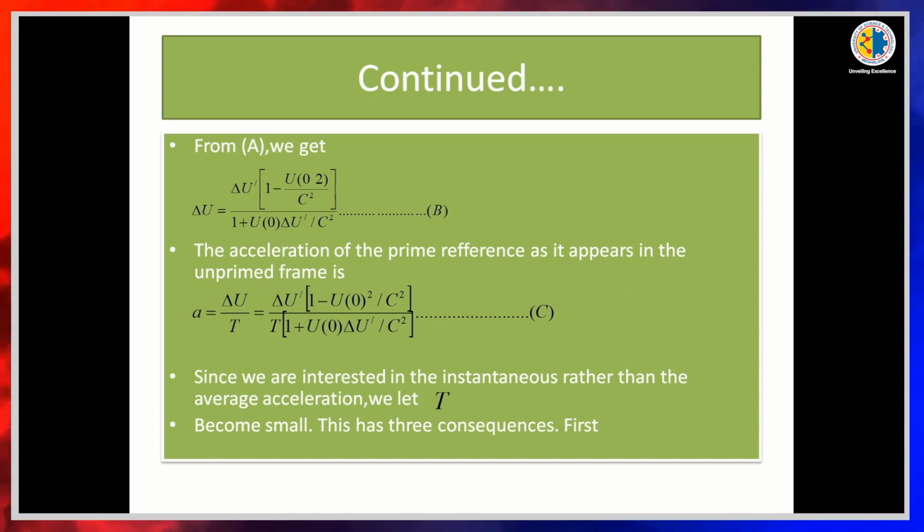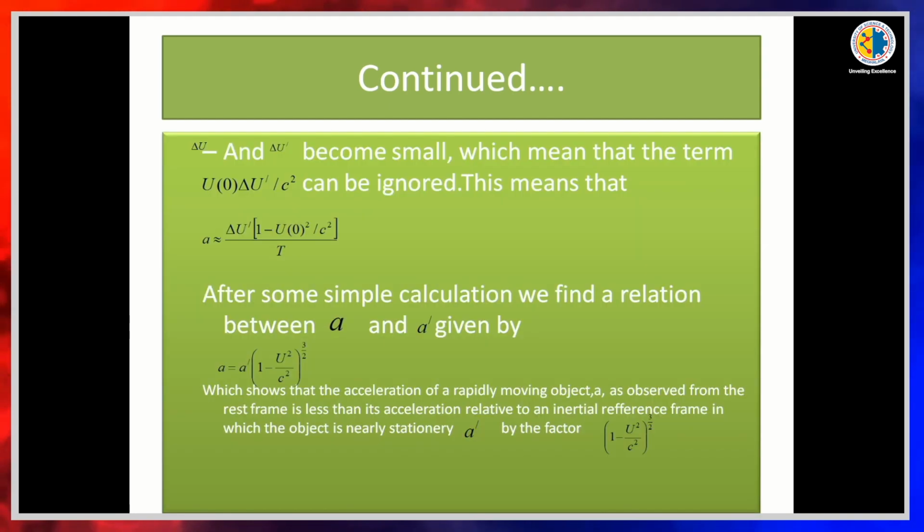Since we are interested in the instantaneous rather than the average acceleration, we let t become small. This has three consequences. First, delta u and delta u dash become small, which means that the term u times delta u dash divided by c square can be ignored.